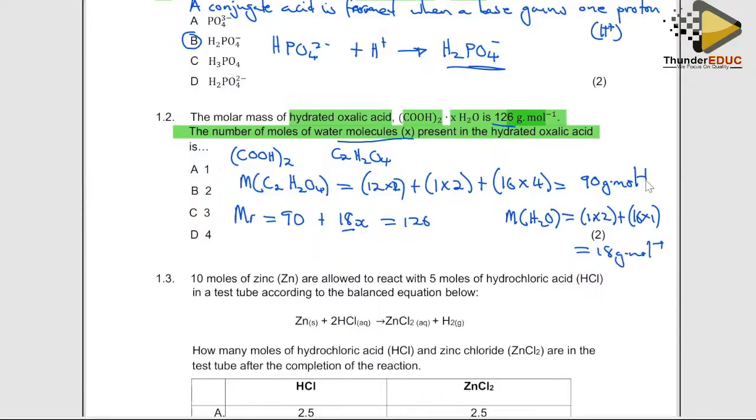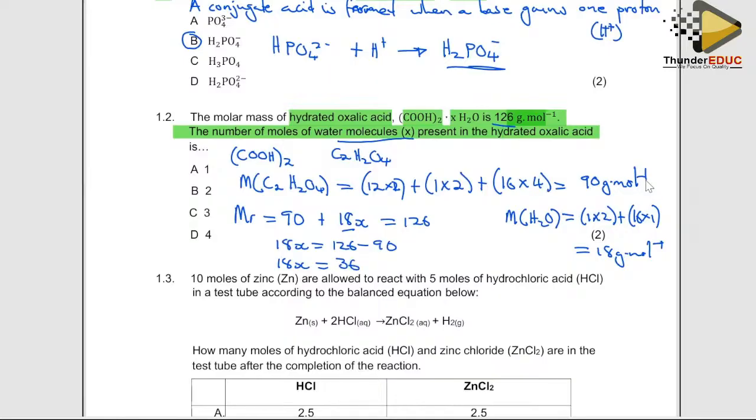Therefore, now I'm supposed to make this x the subject of the formula. It means I'm going to say my 18x is equivalent to 126 minus 90. If I do my math, I'm going to get a value of 36.